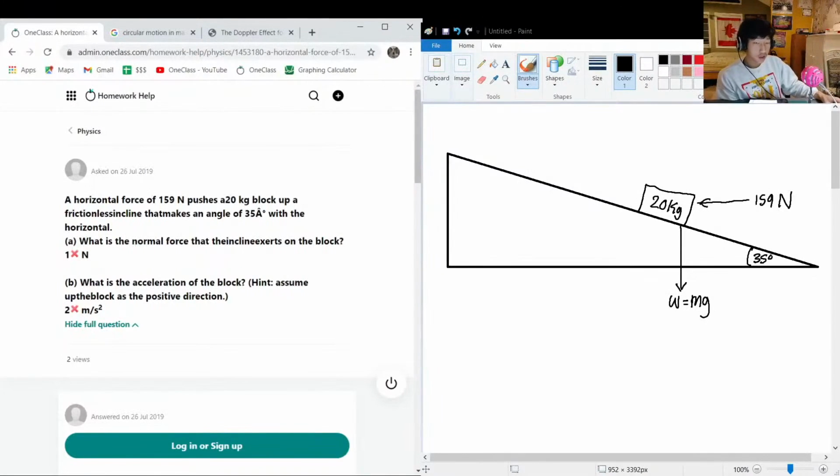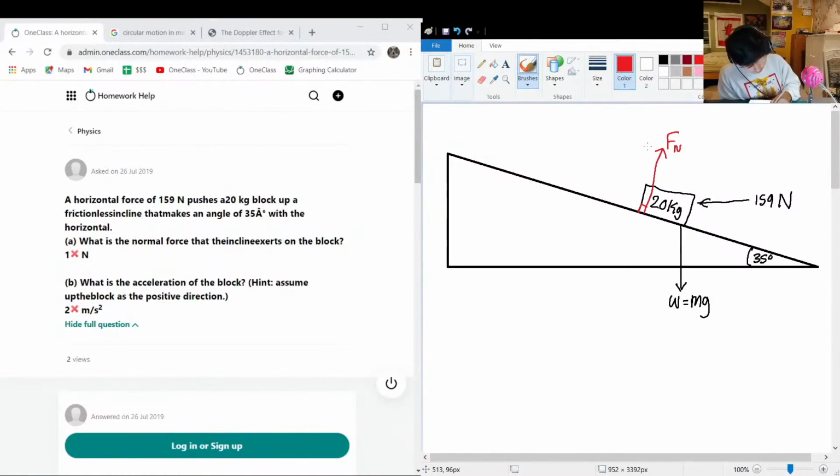Okay, I'm just going to draw that in a different color so it's very clear and distinct. One interesting thing about normal forces, so let's call that Fn for normal, is that they always have to be perpendicular to the surface.